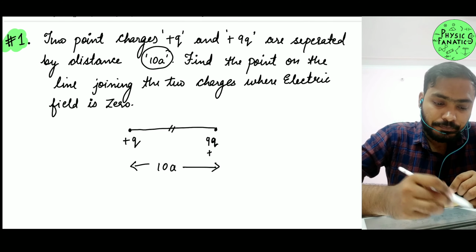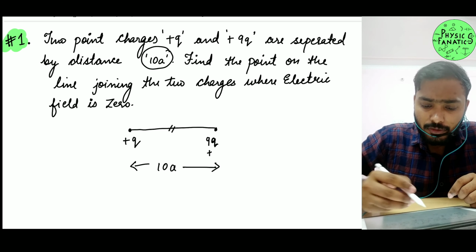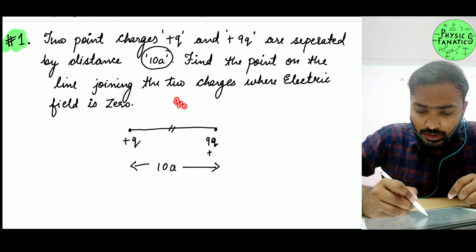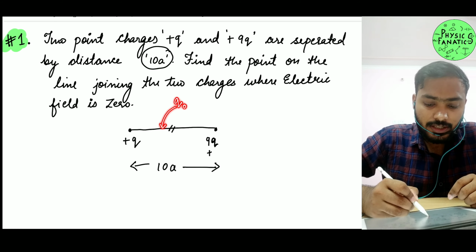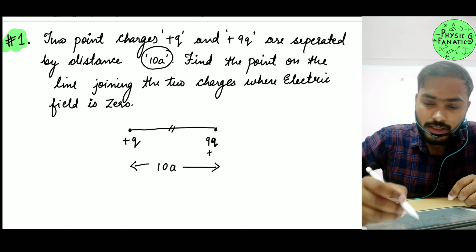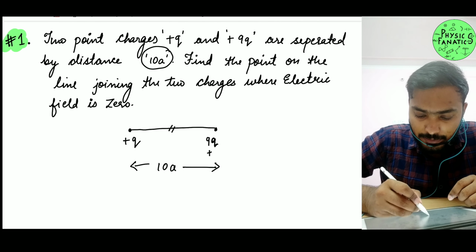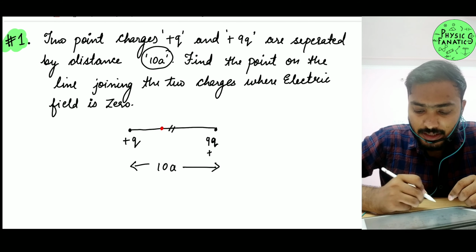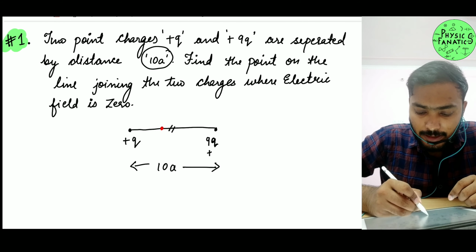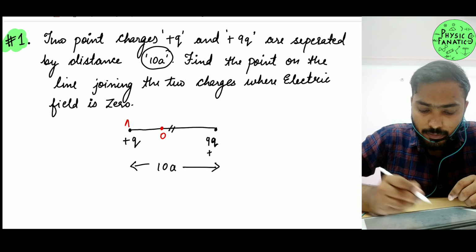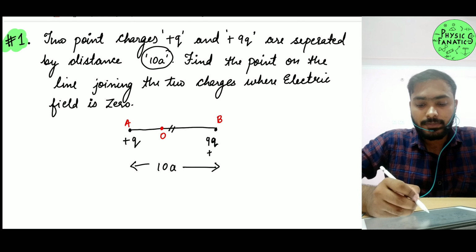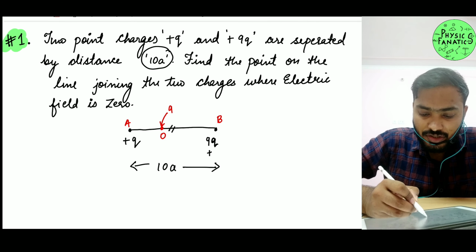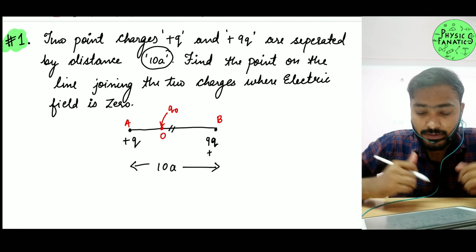Great. So obviously I'm going to bring my test charge q0 and I'm going to place it somewhere here in between both the charges, right? Okay, so let me just bring my test charge and let me say I have placed my test charge here, right? Let me call this point O. Let's say this is point A, this is point B, right? So obviously I have brought my test charge here, so the test charge is also positive in nature.